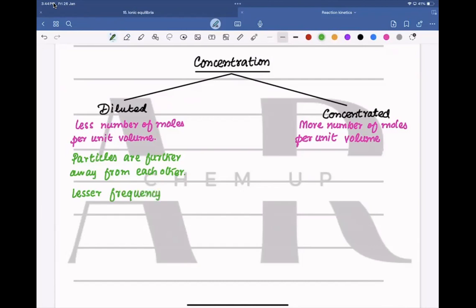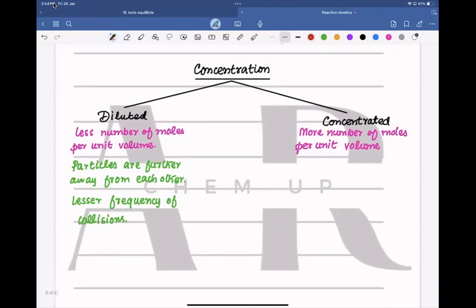And if there is a lesser frequency of collisions, then what will be the rate, higher or lower? Lower, very good. Hence the rate of reaction is lower.